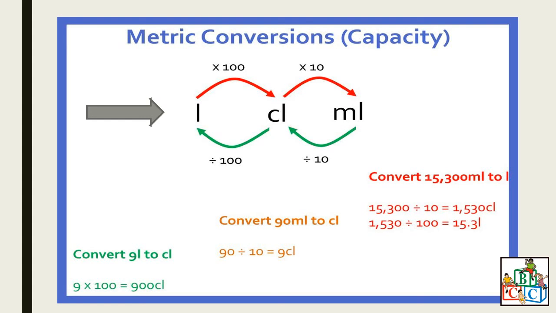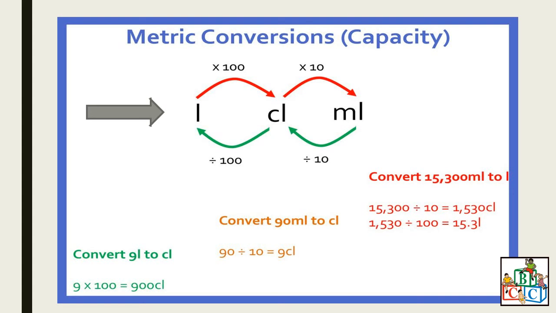Convert 13,300 ml to L. Now take a look at the illustration. You have ml, then you have L. So ml to centiliter, divided by 10, centiliter to liter, divided by 100.